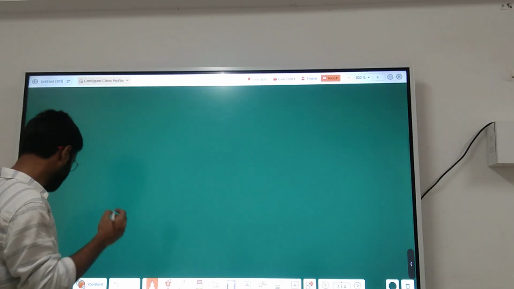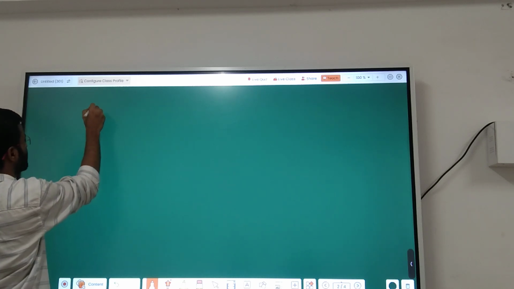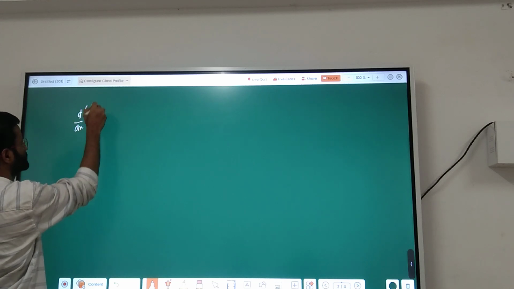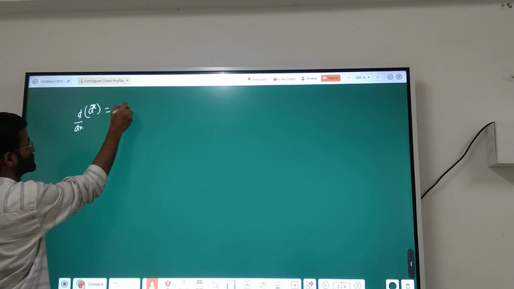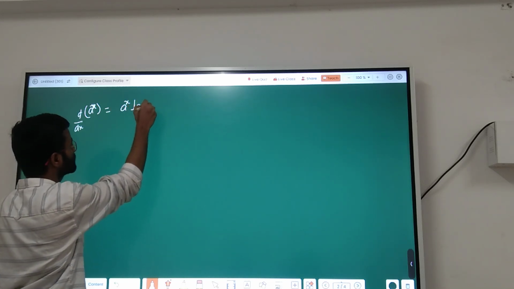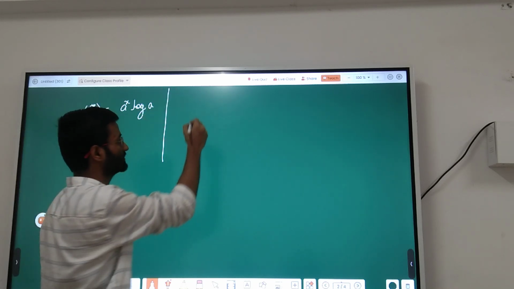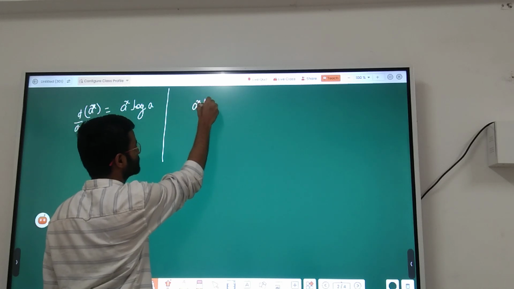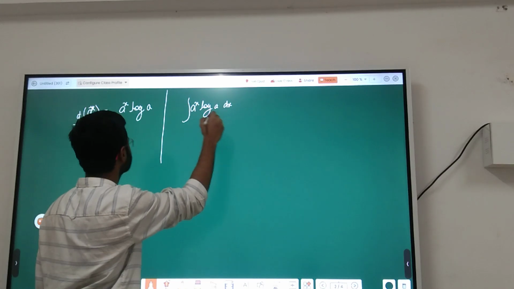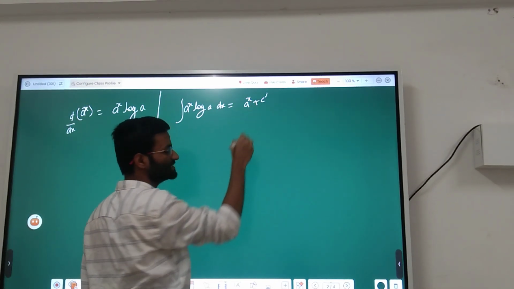Now we can take a to the power x. The differentiation of a to the power x is a to the power x log a. The reverse of this, which is integration, the integration of a to the power x log a dx, is going to be a to the power x plus, suppose, c dash.